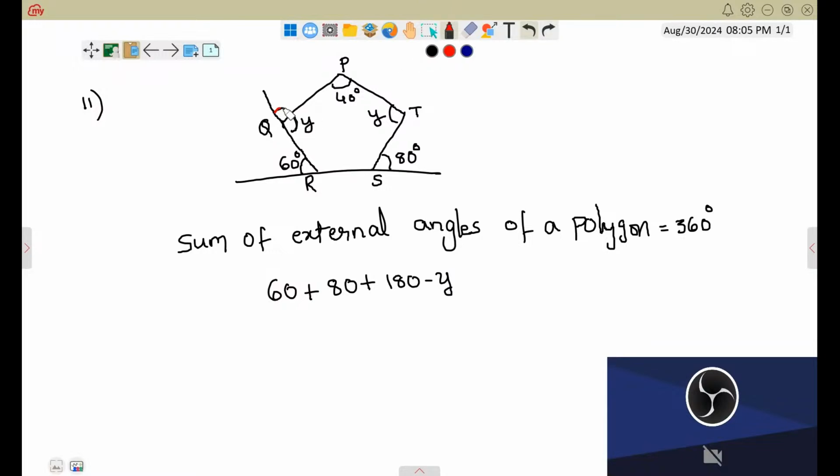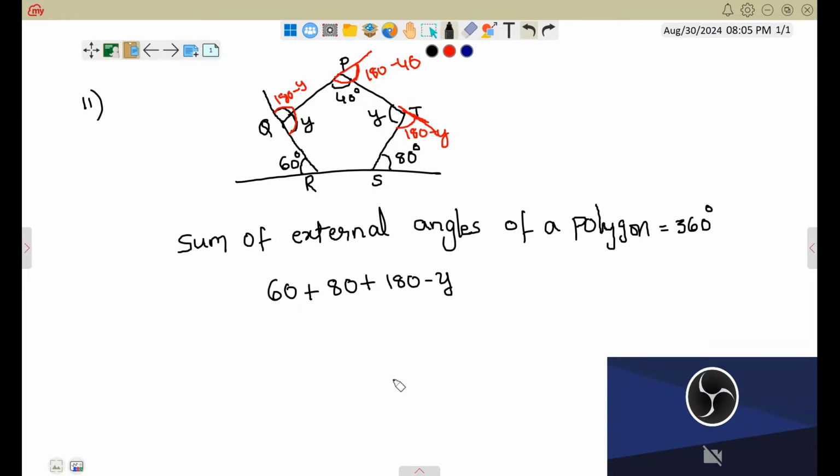From the 180 degrees, you subtract the angle y, then you get this angle, 180 minus y. Same here, the total angle is 180, so this part is 180 minus 40. Here also it is 180 minus y. These are the external angles.